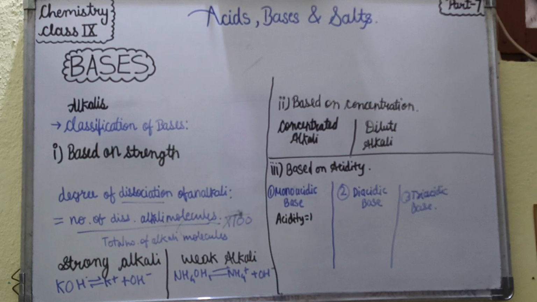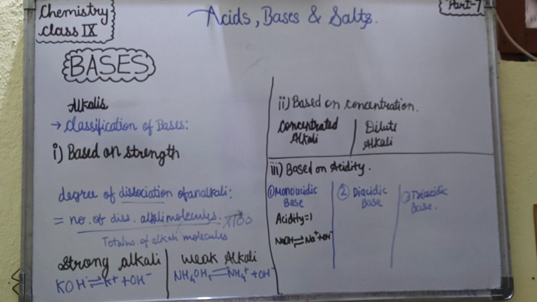Examples are NaOH, KOH, LiOH, NH4OH, etc. Example: NaOH gives Na+ and OH-.